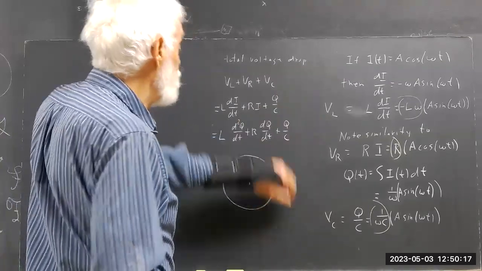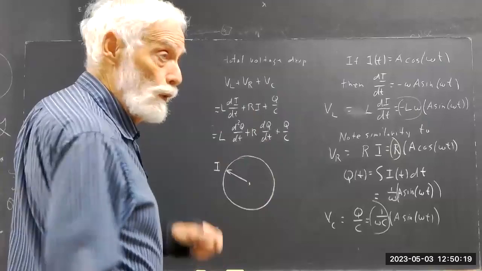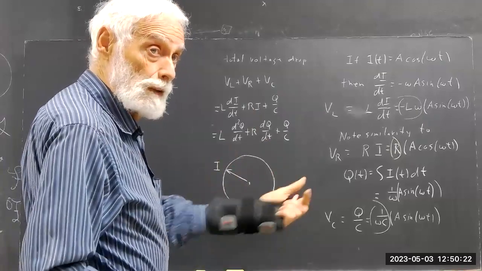As omega changes, that moves the whole thing around the circle. And I get the frequency omega.